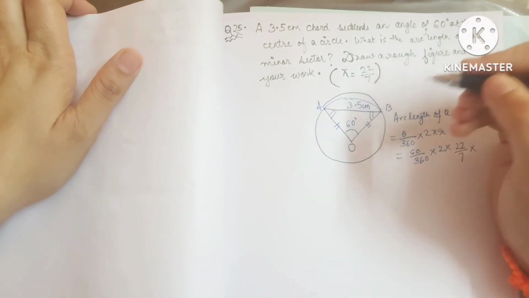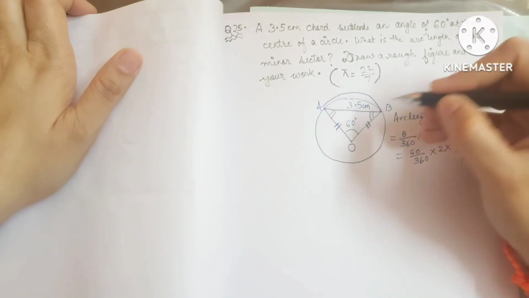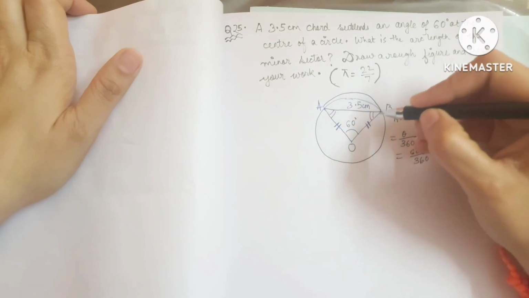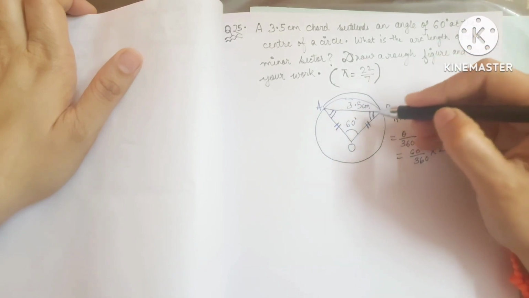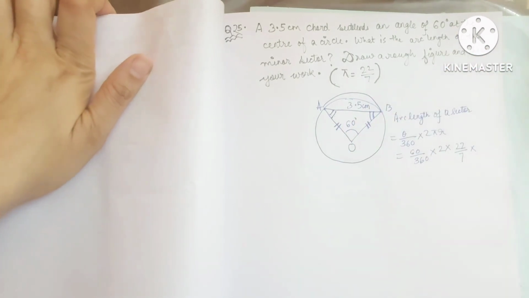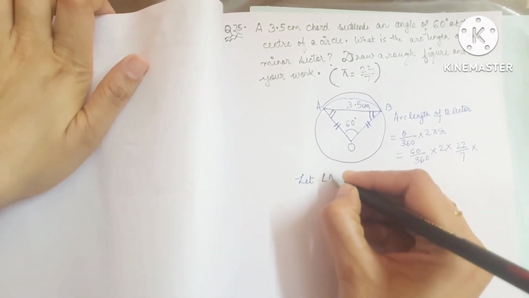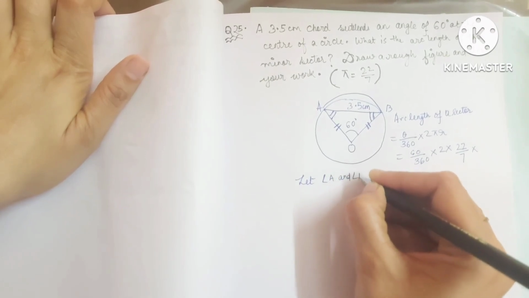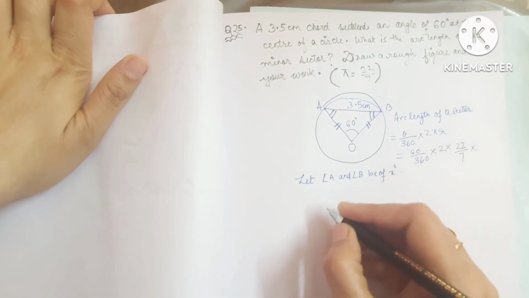We know the isosceles property, that if these two sides are the same, then the angles opposite to them will be of the same measure. So now if these two are the same, let's take the value of angle A and B to be x degrees. Both are the same, so I have taken them as x degrees.